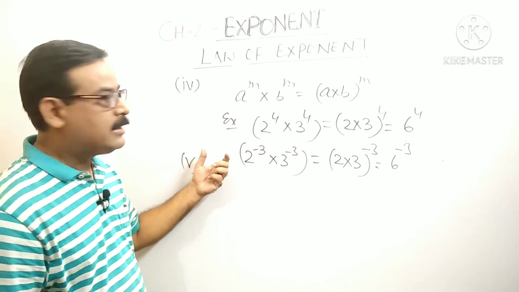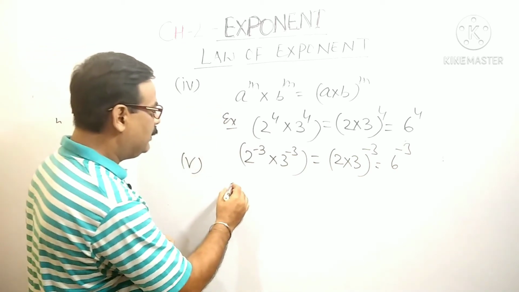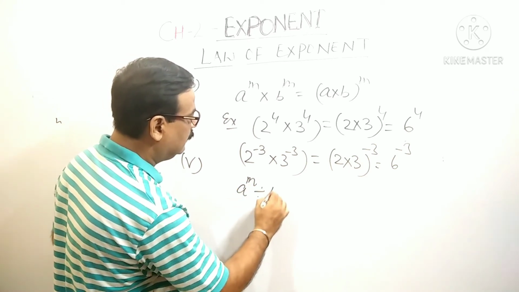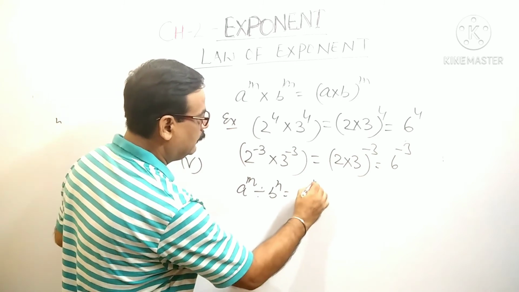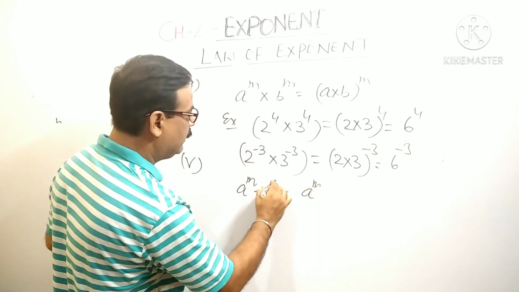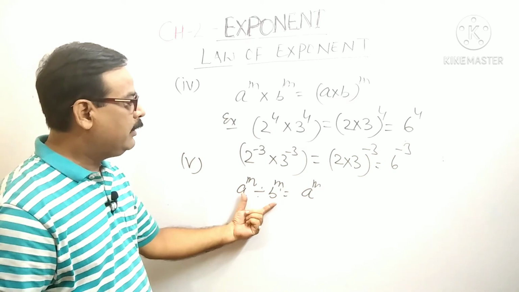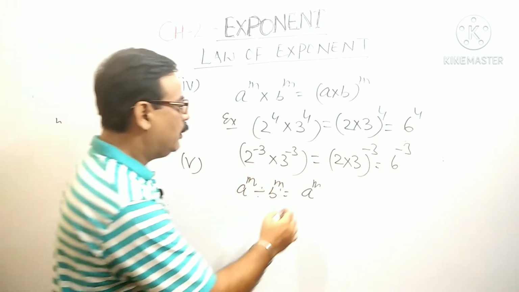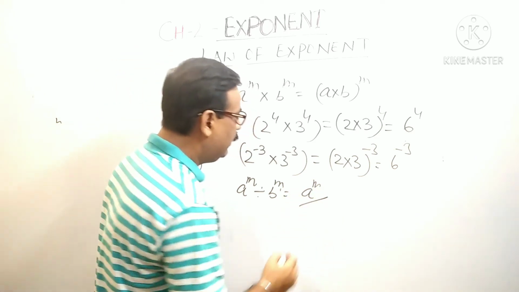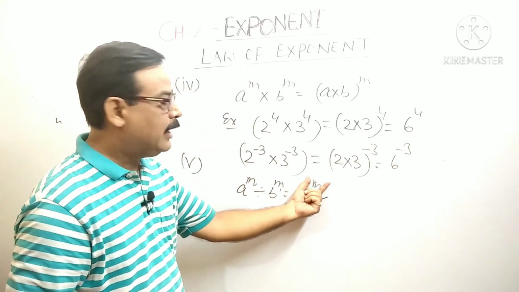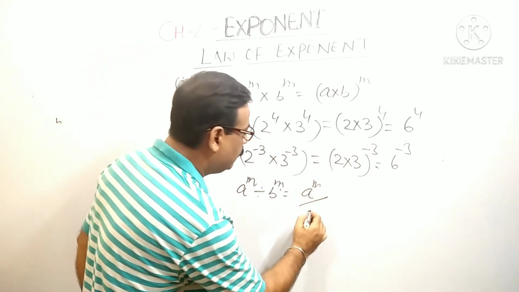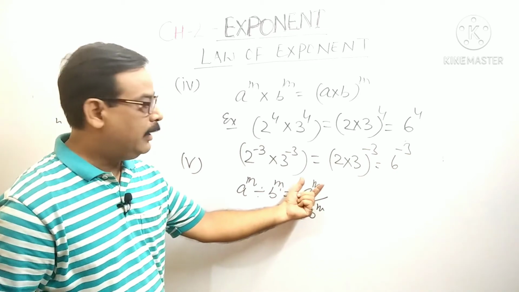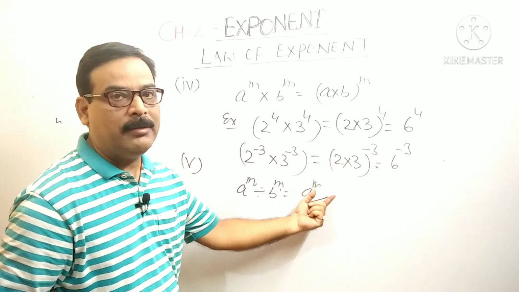Now moving towards the next law of exponent, which says that if two different numbers are divided by each other but have the same power, then as a result the first number with that power is divided by the second number with the same power, that is a to the power m divided by b to the power m.